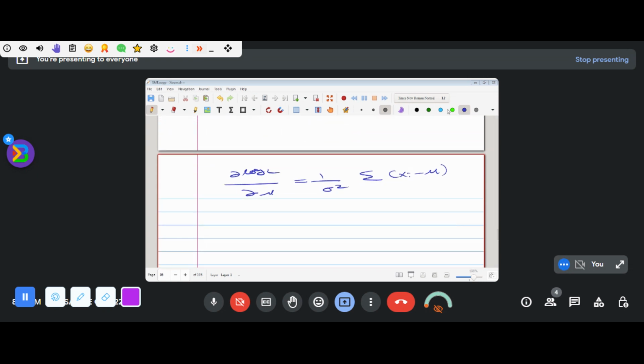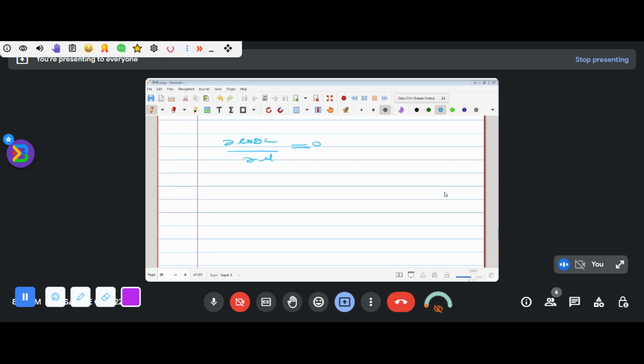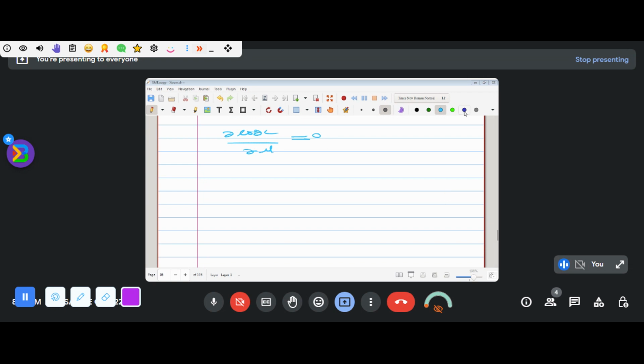So what is the next step? Set the first derivative equal to 0: dou log L by dou mu equal to 0, which implies 1 by sigma squared summation (xi minus mu) equal to 0.